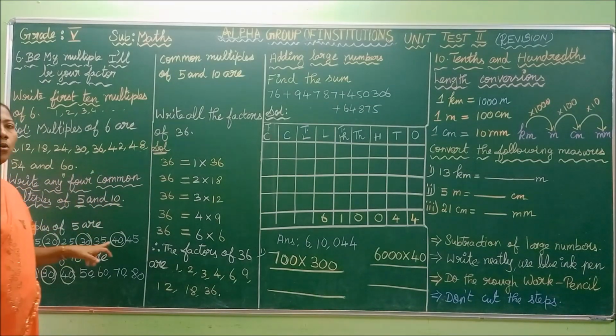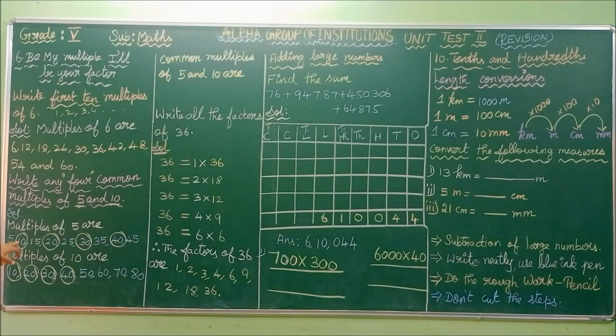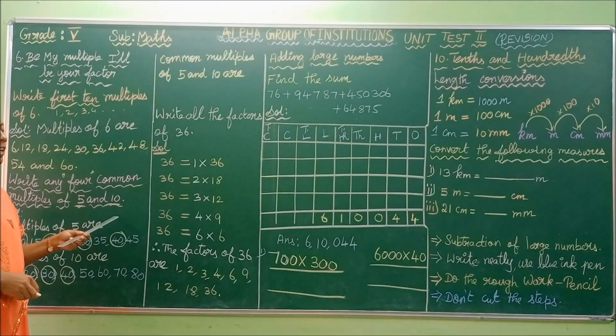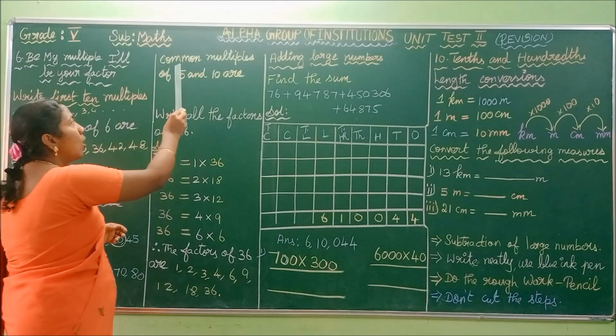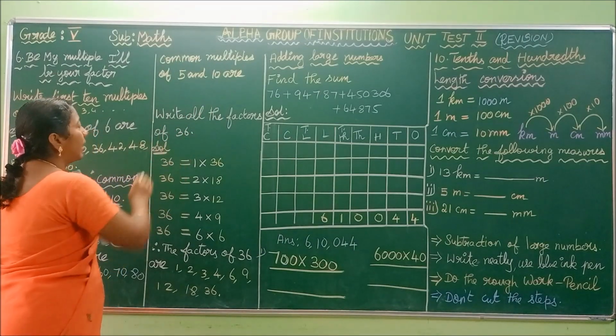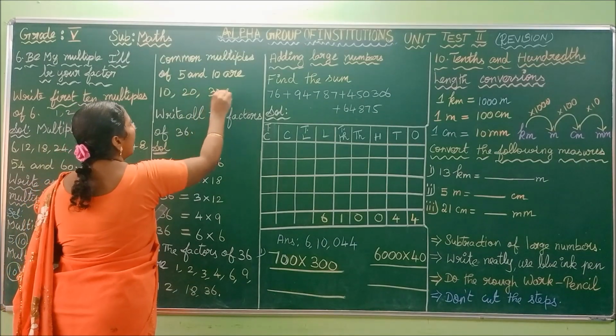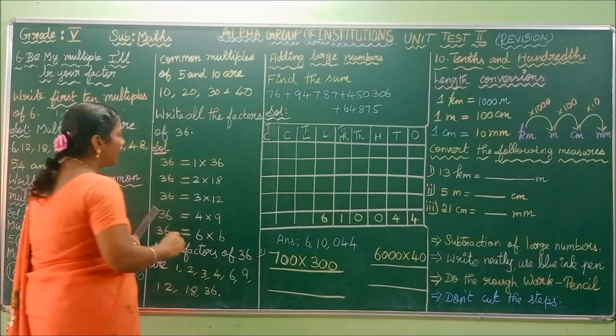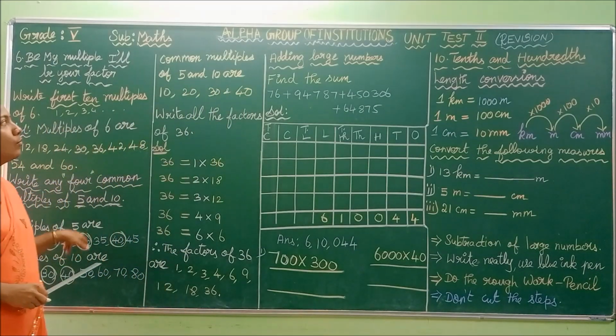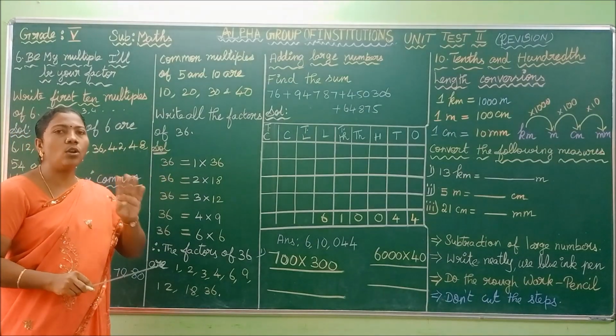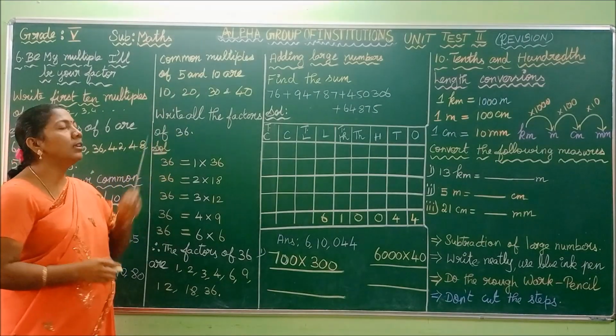So you have to circle only the 4 common multiples. See here, 1, 2, 3, 4. Thus we have found the 4 common multiples of 5 and 10. So you have to write the answer as common multiples of 5 and 10 are 10, 20, 30 and 40.